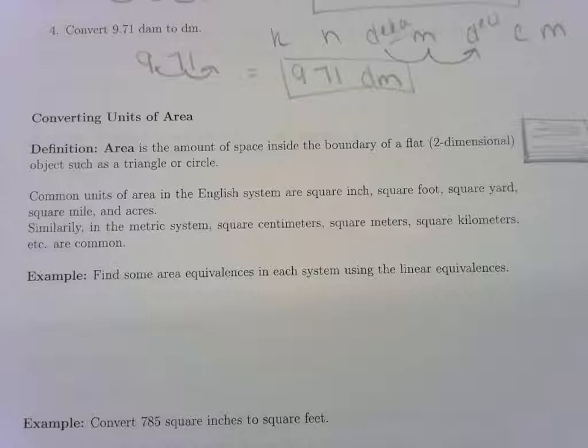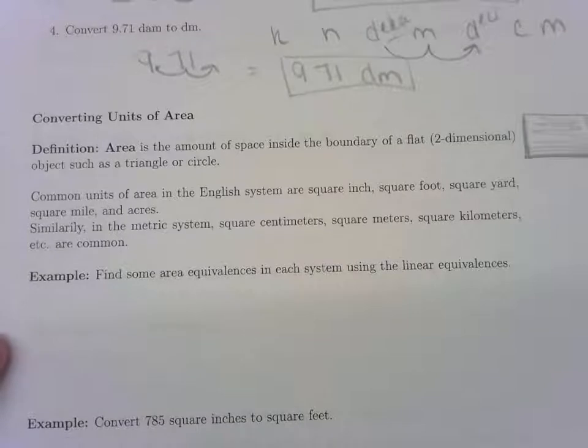Similarly, in the metric system, we have square centimeters, square meters, square kilometers, square hectometers, square decimeters. So how we convert units of area: we use the linear measure, square the linear measures, and then we have a new equivalence.